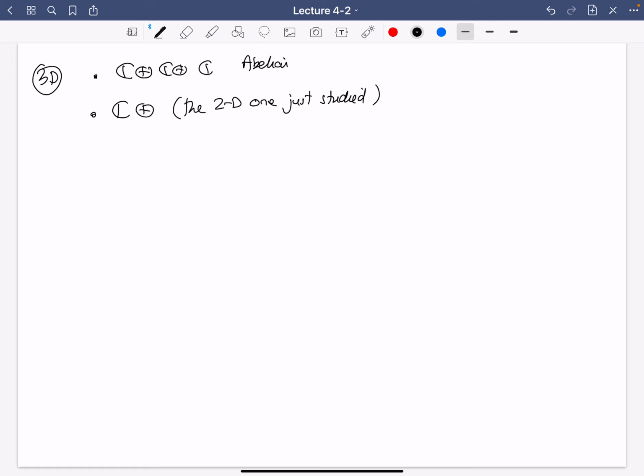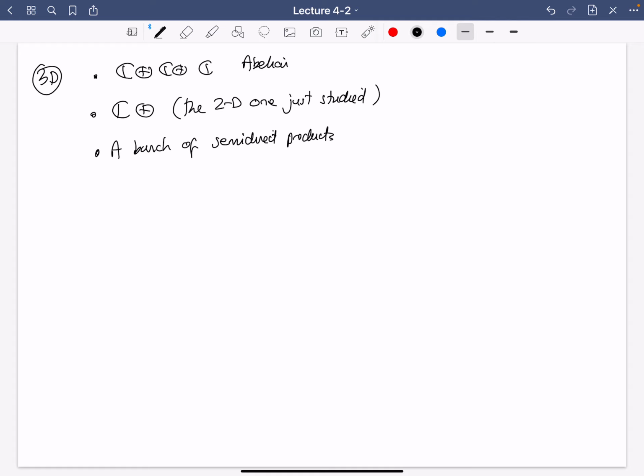That gives some non-abelian three-dimensional Lie algebra, and so those aren't new ones, they're just kind of built by taking direct sums of the old ones, and then there's going to be lots more three-dimensional ones which we haven't seen anything like before. In fact, there's a bunch of three-dimensional Lie algebras that you can construct by using the notion of semi-direct product.